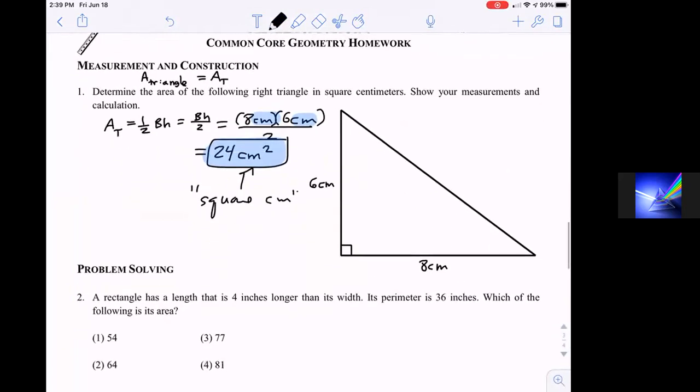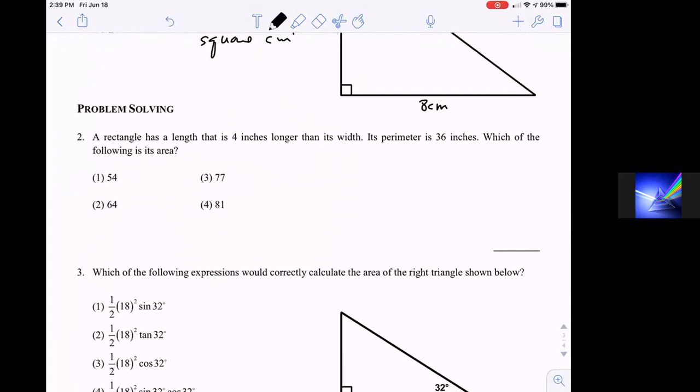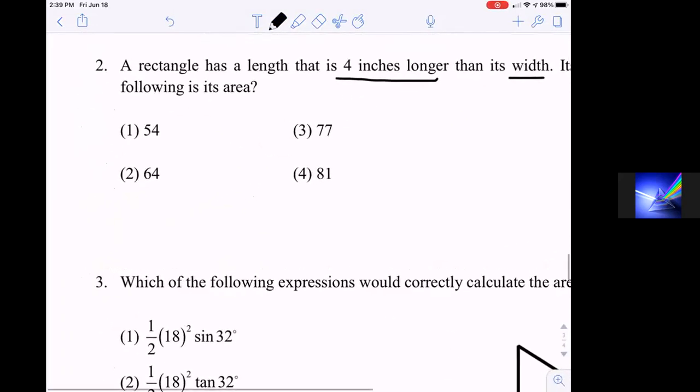Number 2, a rectangle has a length that is 4 inches longer than its width. Its perimeter is 36 inches. What is its area? All right, well, here's the deal. Let's go ahead and just draw this little rectangle down here to reason this out. We've got the length, we've got the width.